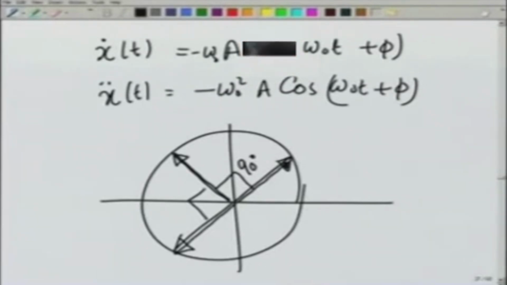You can work it out yourself and see it satisfies all the conditions, all the directions and magnitudes, correctly with this representation.